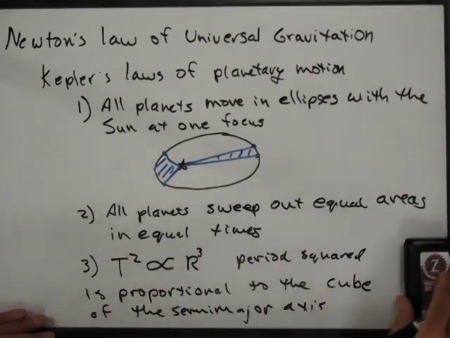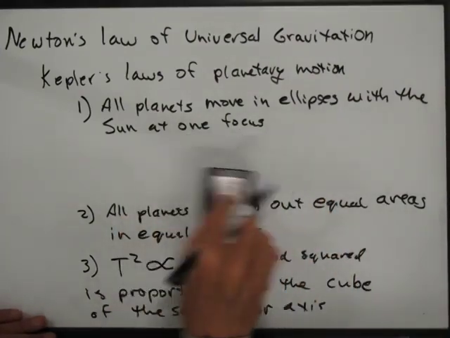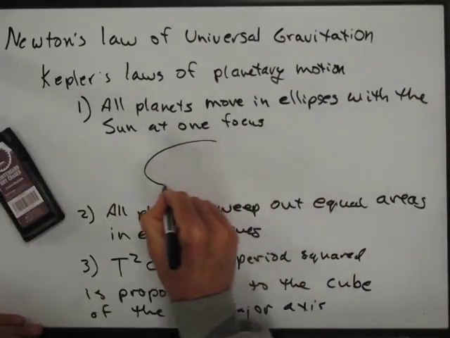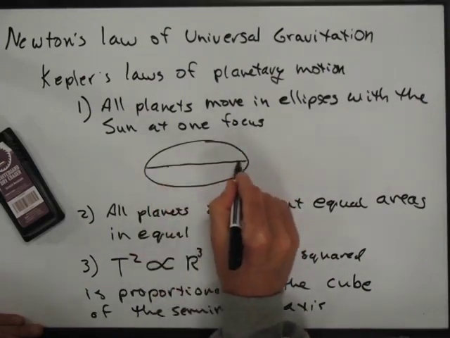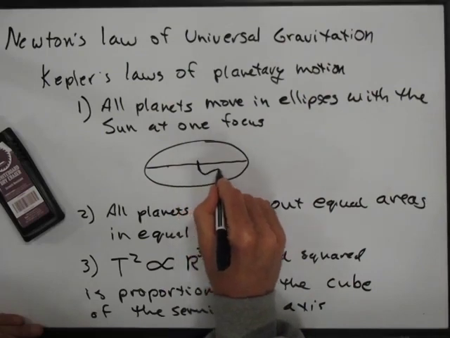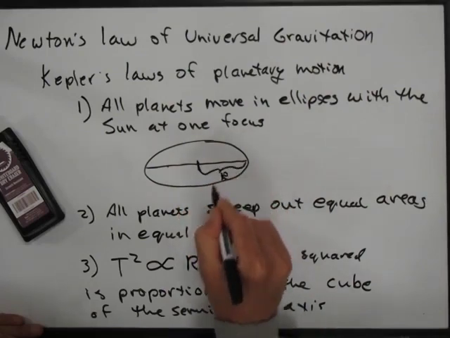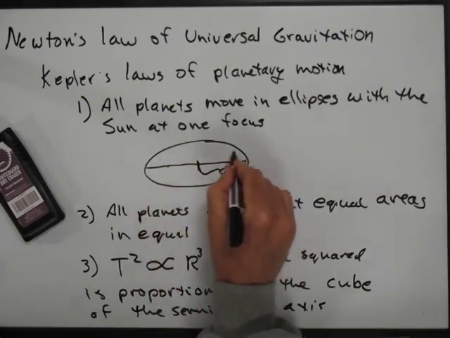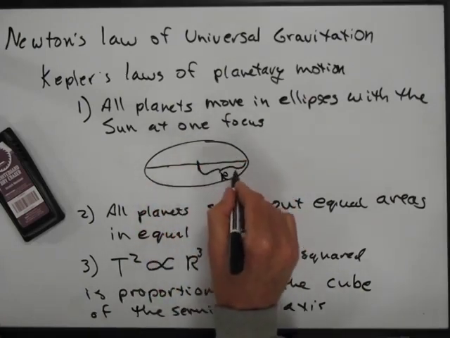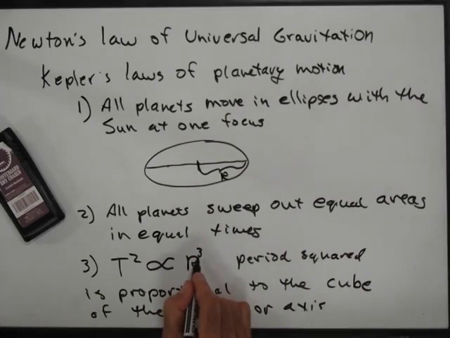So the semi-major axis, let me erase again. Draw my ellipse back. Right? Here's the sun. That's the major axis, and this is the semi-major axis. And the period is the time for one lap. So the period is the time to go around once. The square of the period is proportional to the cube of the semi-major axis.